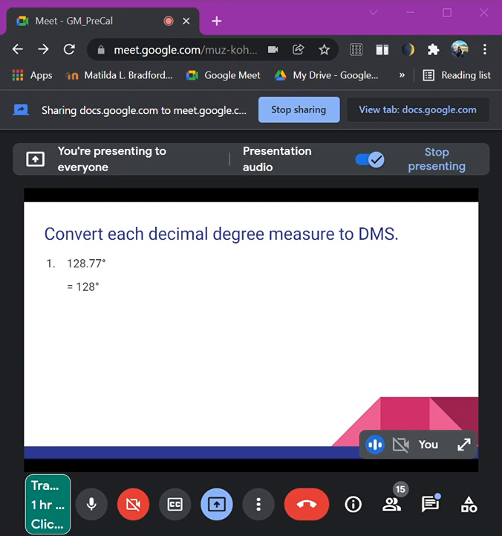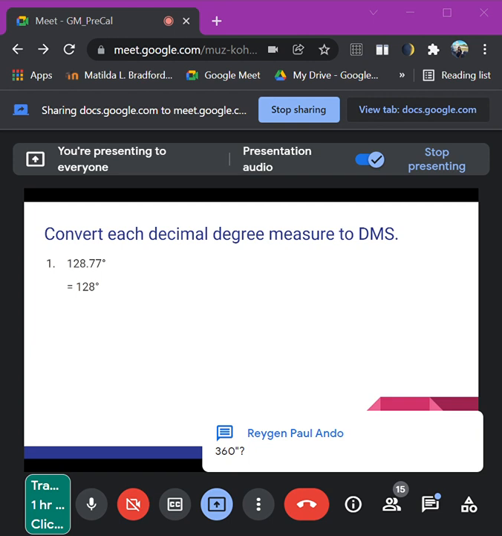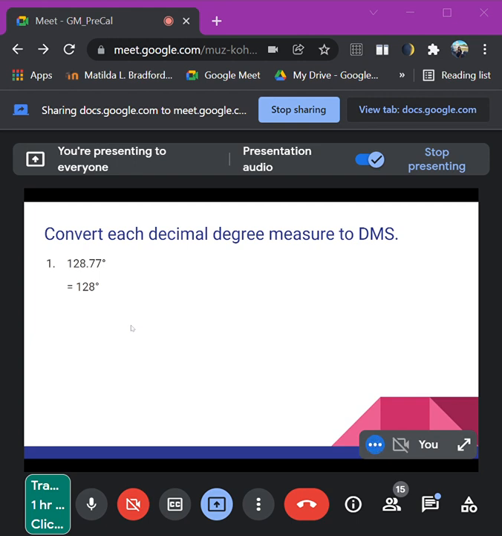And then, how many is our 1 degree, class? What is the equivalent? What is the equivalent of 1 degree? Earlier, what is the equivalent of 1 degree? Okay, 1 degree is equivalent to 60 minutes.